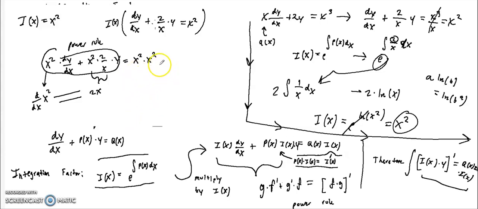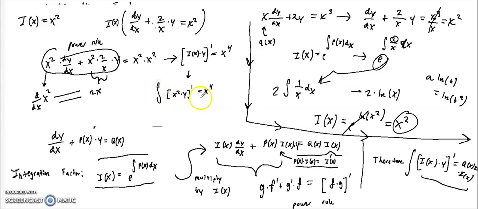So let's continue on, and we get I of x times y, its derivative equals x to the 4th. And we know I of x is x squared, so the derivative of x squared times y equals x to the 4th.